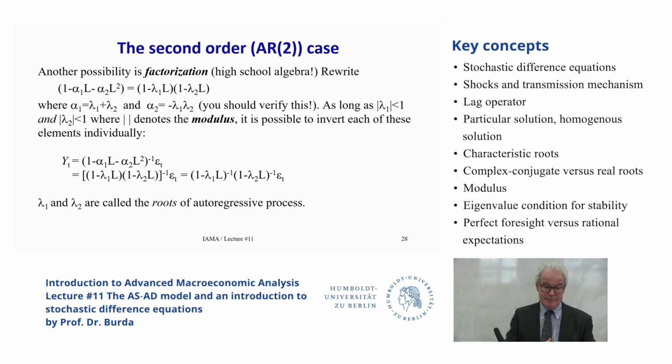It's stability. So we're going to have to stare at lambda 1 and lambda 2 for a while. First off, I can solve for them. If I know what alpha 1 and alpha 2 are, I can solve for lambda 1 and lambda 2. You can do that. You should try to do that tonight. You'll have to use the quadratic formula to do that, because it'll involve solving a quadratic equation.